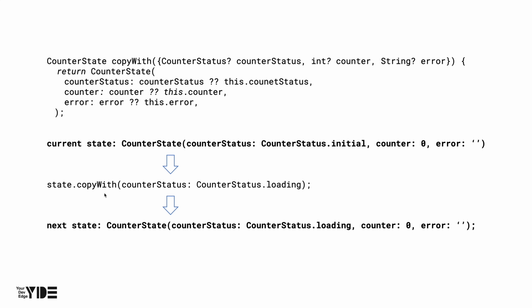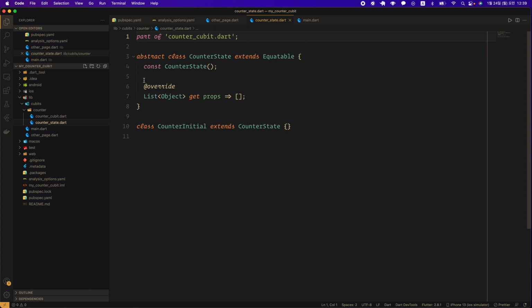At this time, if only counterStatus, where the value is CounterStatus.loading, is given as an argument to the state.copyWith function, the generated state is counterStatus.loading, counter is 0, and error is an empty string. That is, the previous value is maintained for the value not given as an argument. You will get used to it quickly as this method comes up over and over again.